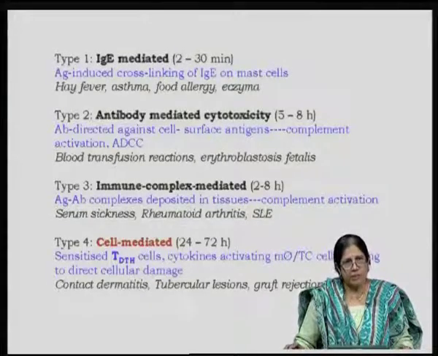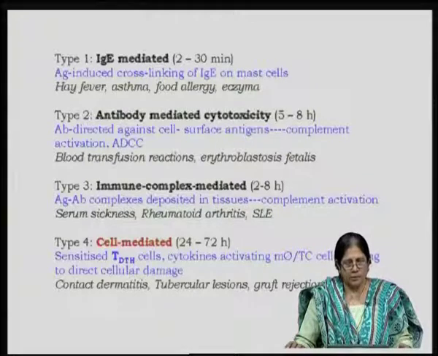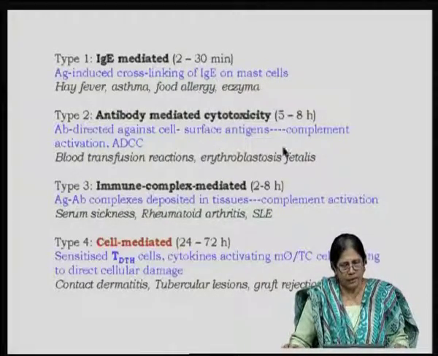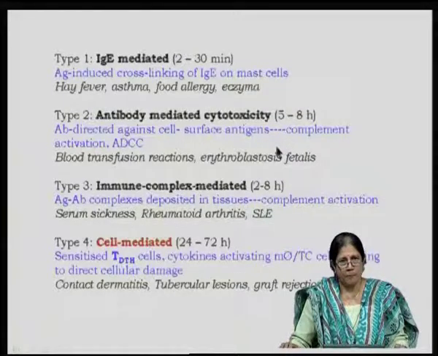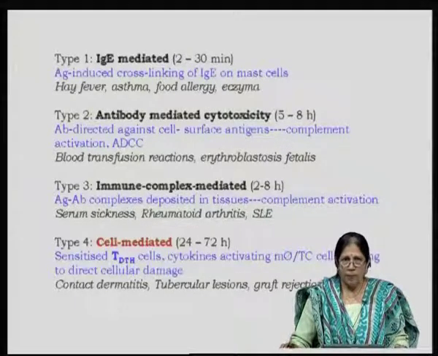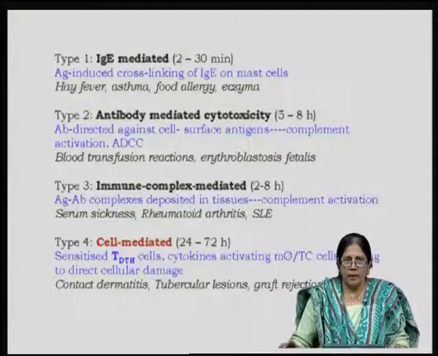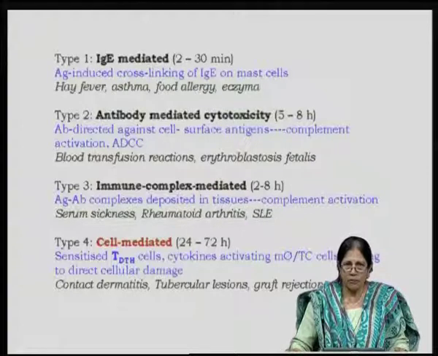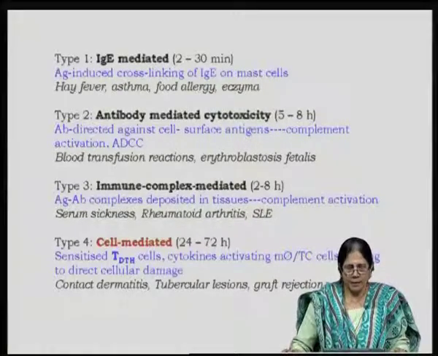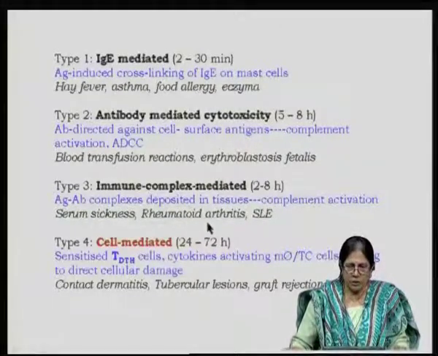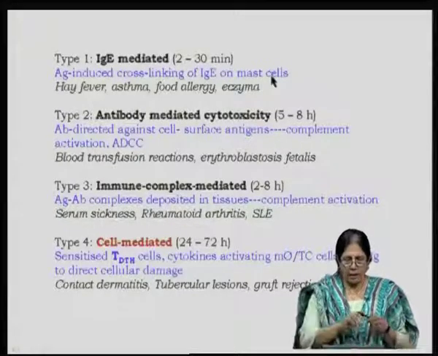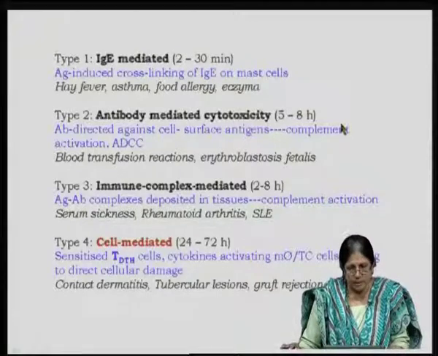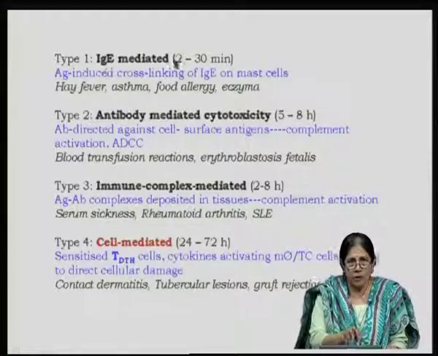Hypersensitive reactions, as I discussed last week, can be understood under 4 different categories: type 1 to type 4. Type 1, 2 and 3 are antibody mediated, whereas type 4 is because of T cells. Of the type 1, 2 and 3 which are antibody mediated, the first one, type 1, which I have covered in much detail, is mediated through IgE.